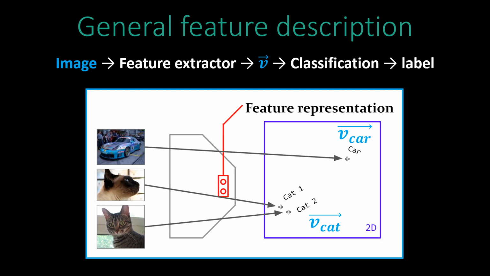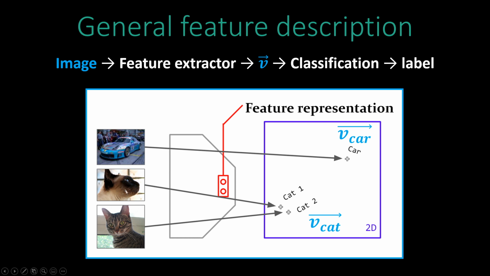One particular way we can use this is to take the image-to-feature part of the model, here image to vector v, and use that as a simple feature representation. Let's say we represent these two cats and this car as 3 vectors.